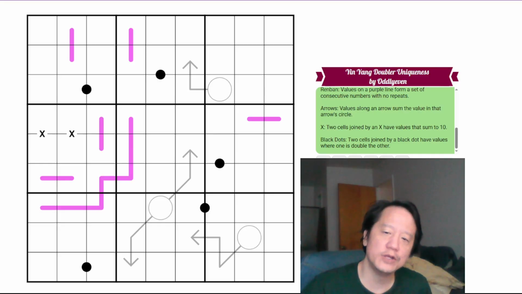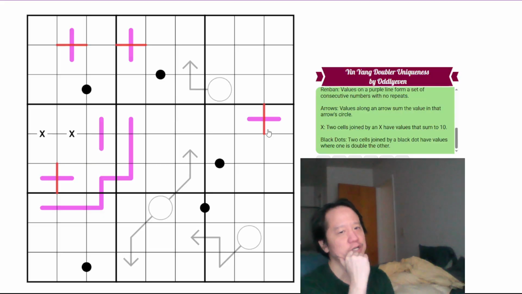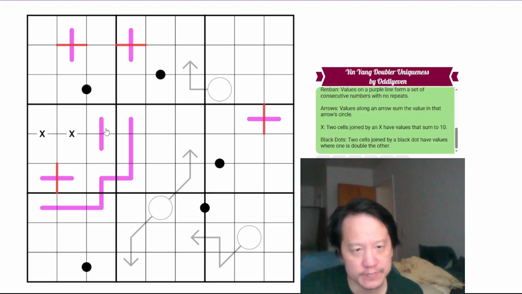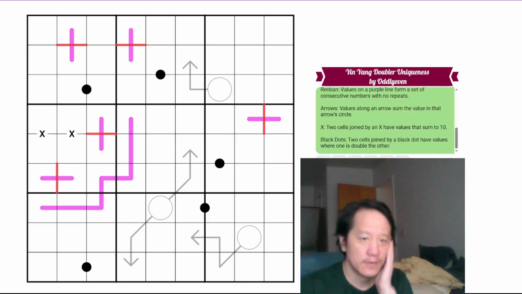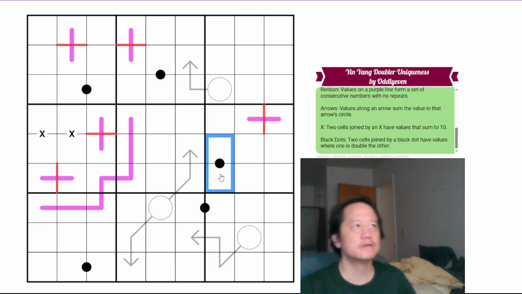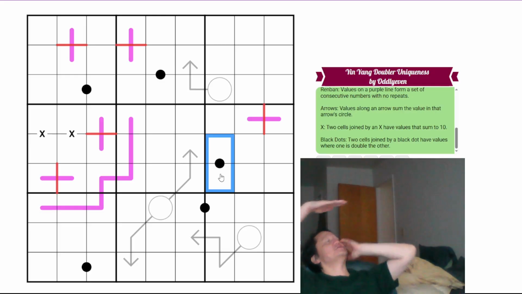So, we know for certain every 2-line Renban has to be 1 shaded and 1 unshaded. It's guaranteed. And I think for every black dot, you're never going to have one, since everything is doubled.